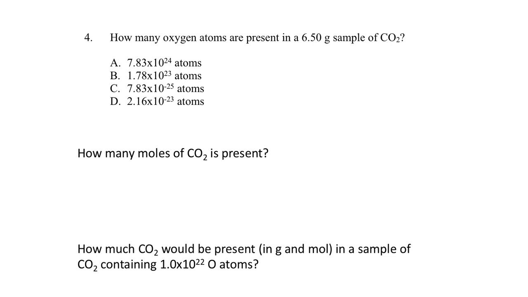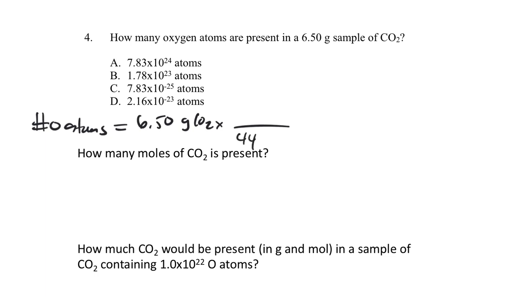And so the number of O atoms hopefully can be calculated with a dimensional analysis set of steps. So I start with my 6.5 grams of CO2. Then I use the molar mass, the grams of CO2 per mole of CO2. That's just in the periodic table, so it's 12.01 plus 16.00 times 2.